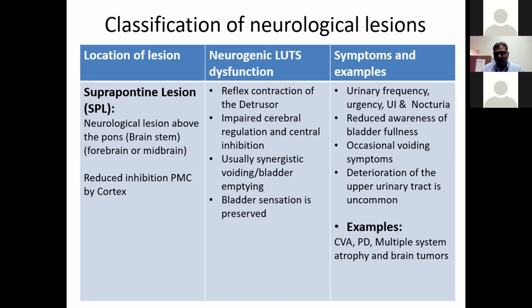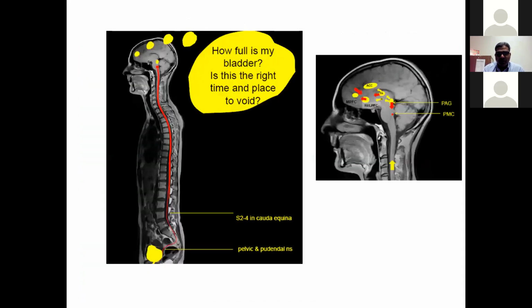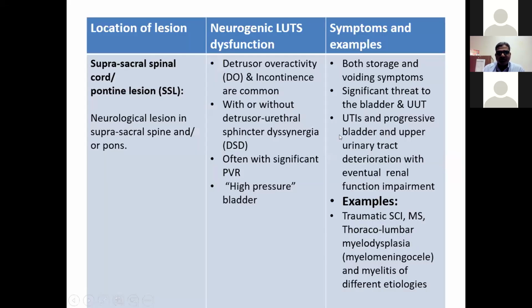Examples include cerebrovascular accidents, brain tumors, Parkinson's disease, and multi-system atrophy. So a lesion at the level of the cortex will lead to the patient not knowing whether his bladder is full or not, and whether it is the right time and place to void. And the impact on the pontine micturition center is lost.